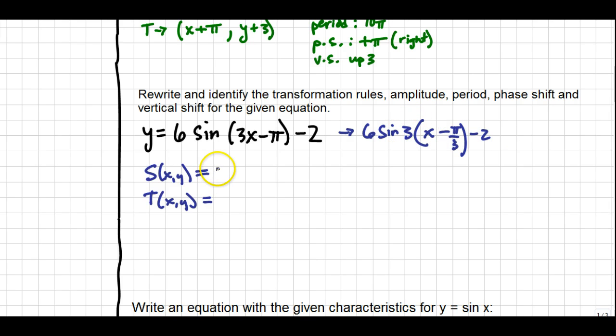So in the rule, we would be dividing by 3 or multiplying by its reciprocal, which is a third. So here we're doing times, so in the rule we're doing divide. Similarly for the 6 should be on the side where the y is. Since it's not, it's going to be multiplication in the rule. For the translation, the x is subtracting pi over 3, so now it's going to be adding pi over 3.